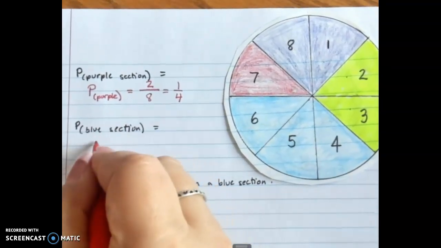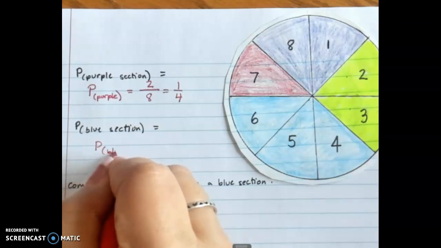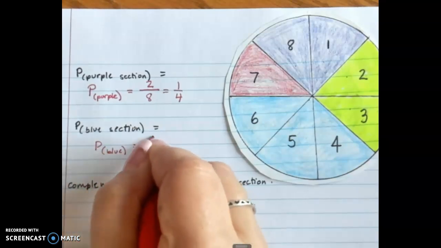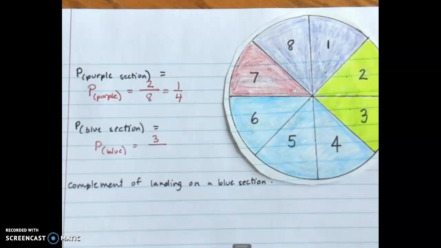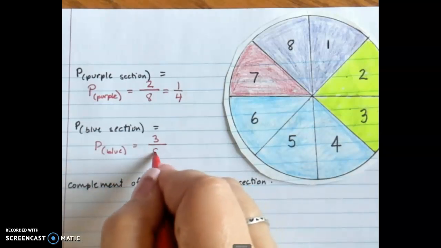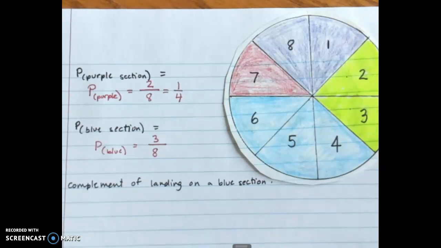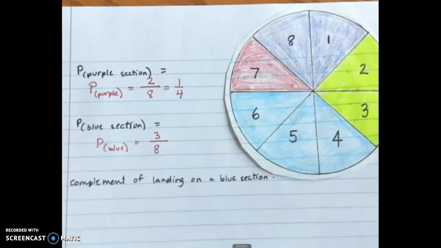There are 3 ways that could happen. I could land on 4, 5, or 6, which are all blue, out of the 8 sections altogether. If our probability fraction is in simplest form, which it is, we're just going to leave it alone. The probability of landing on blue is 3/8.